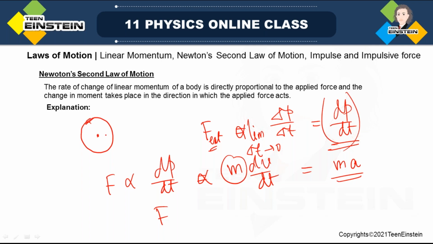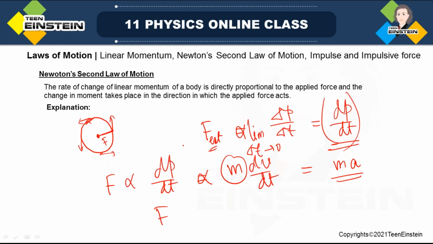That means to rotate it you need to apply a force. That force is given by your hand through the string, and this force has a special name, centripetal force.